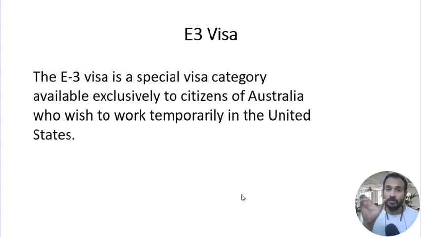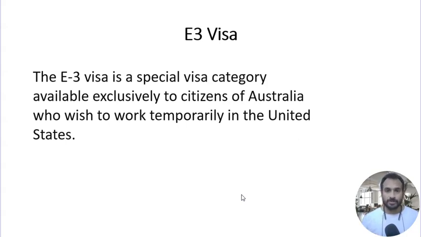H1B also needs a sponsor, and E3 also needs a sponsor, meaning an employer to run the payroll in the US. For H1B, there is a validity of 6 years unless they apply for I-140 and it gets approved. But in E3, there is unlimited extension. They can work in the US as long as they want. That is the benefit of the E3 visa.